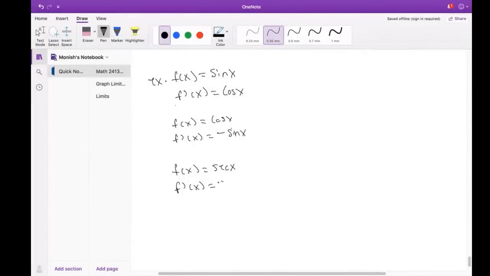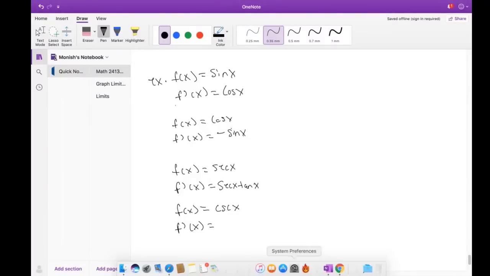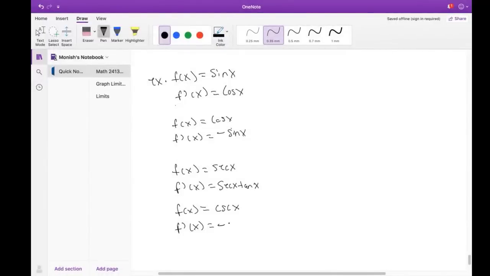Secant is secant x tangent x, good. And we'll do cosecant too. Yep, negative cosecant x cotangent x, that's right.